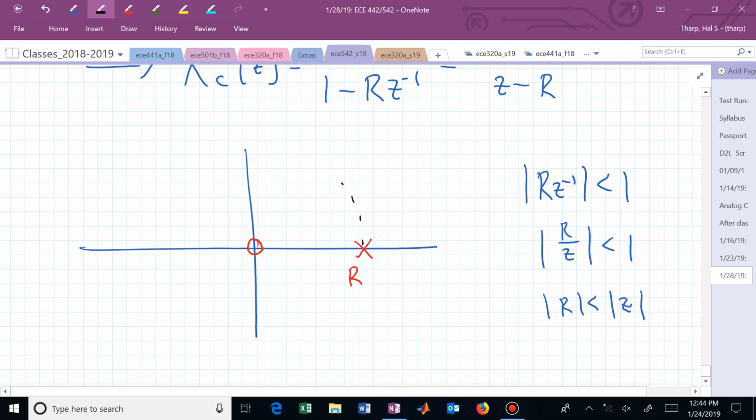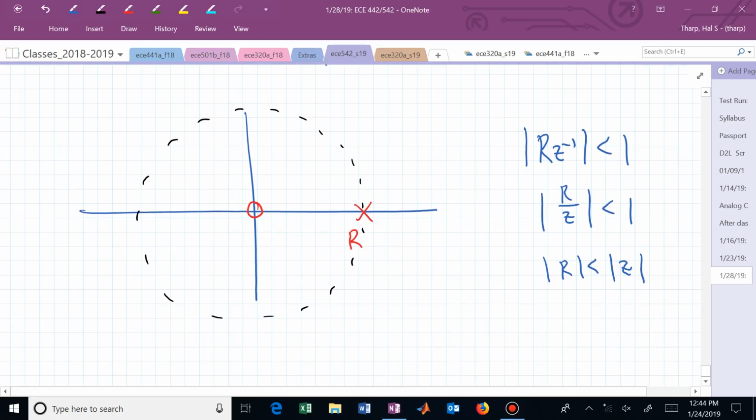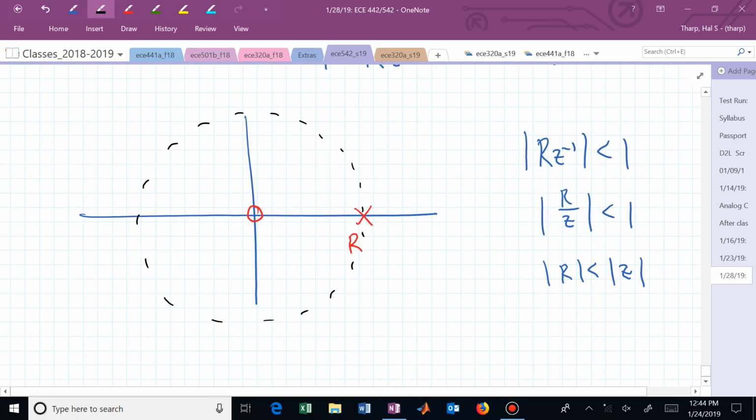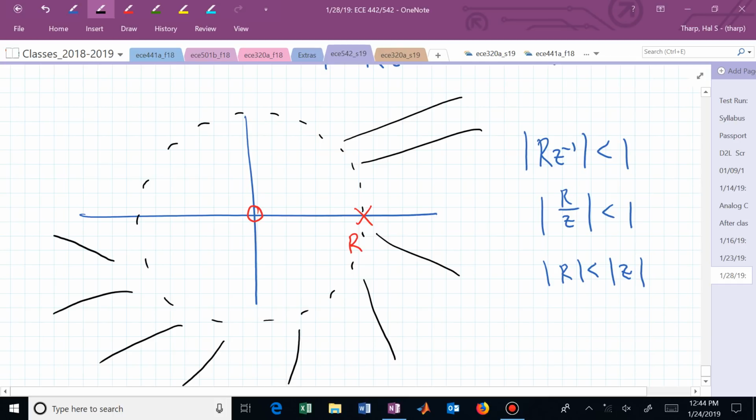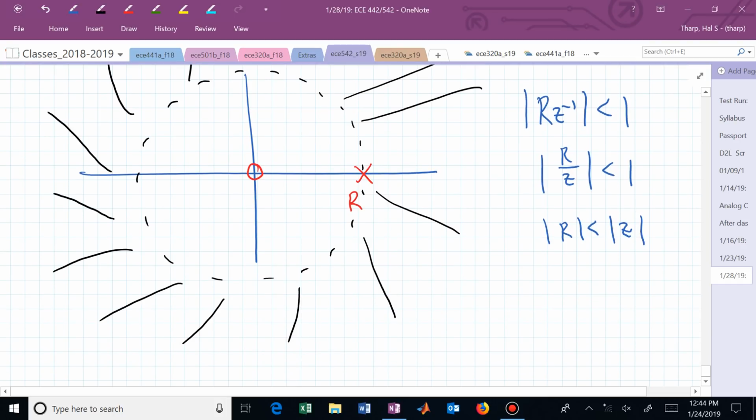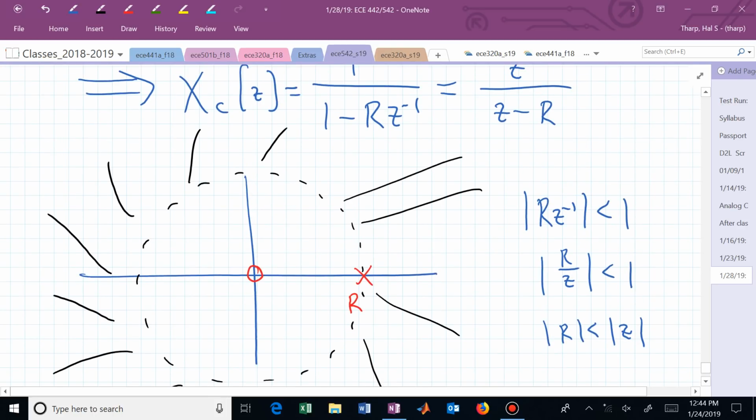So if I could pull out my compass and draw a circle of radius capital R, then the region of convergence lies beyond that magnitude of R, or that radius, in the complex z plane. This is just our z plane.